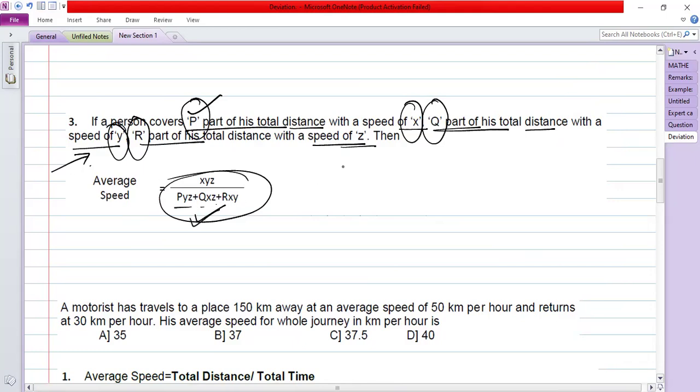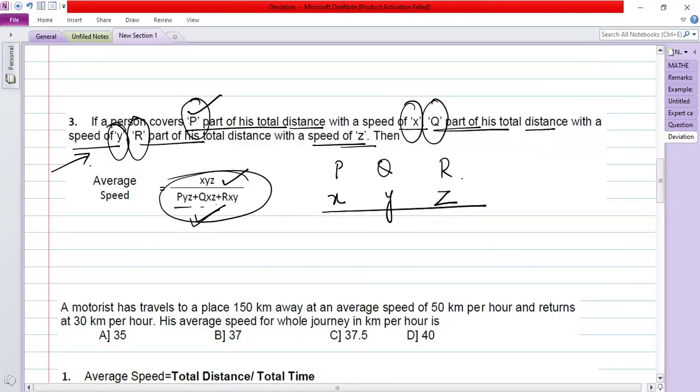And what is the pattern here? Here I will write P, Q, R, and here it will be X, Y, and Z. In the numerator it will be XYZ, the product of the speeds.